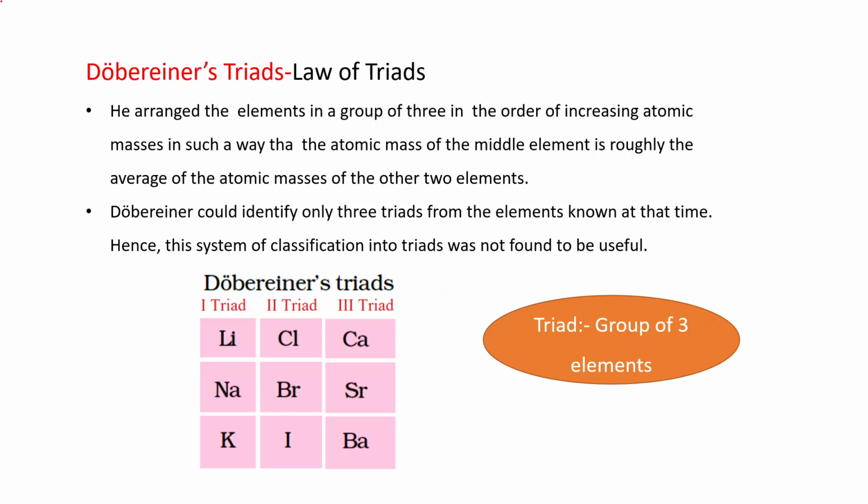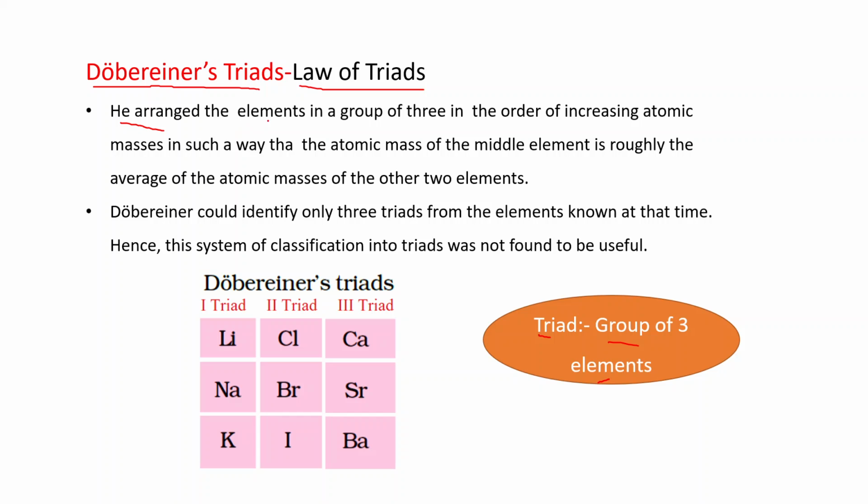The first attempt to classify the elements was made by Döbereiner, and he gave the law of triads, also known as Döbereiner's triads. What is the meaning of this triad? Triad means a group of 3 elements.